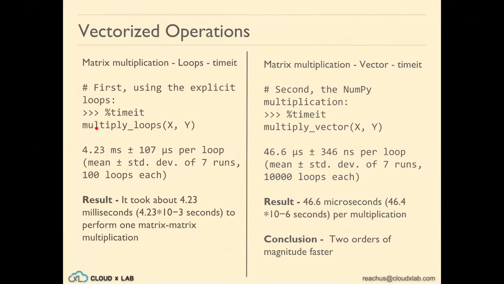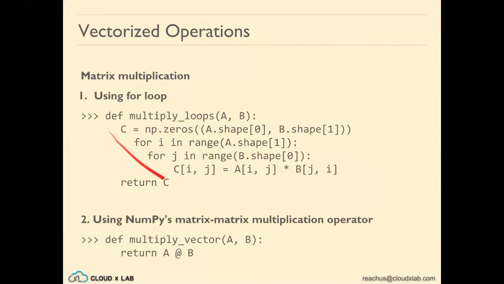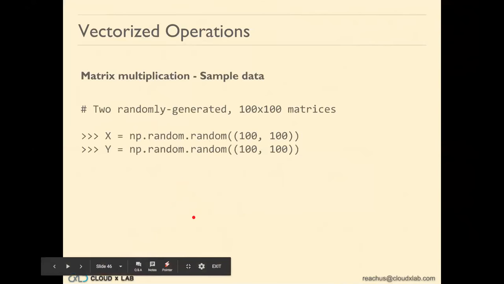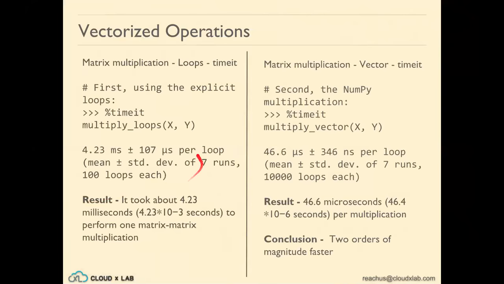We have two functions, one called multiply loops and the other multiply vectors. The one where we are calling multiply loops is taking 4.3 milliseconds, while multiply vectors is taking 46 microseconds. So this is really faster, because it is taking far less time.